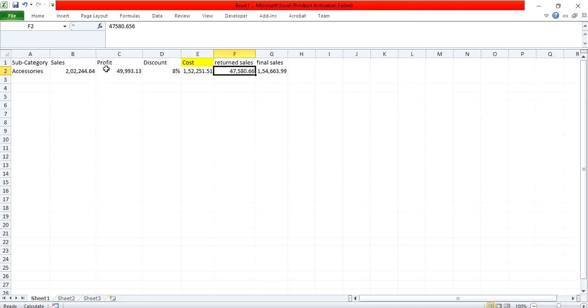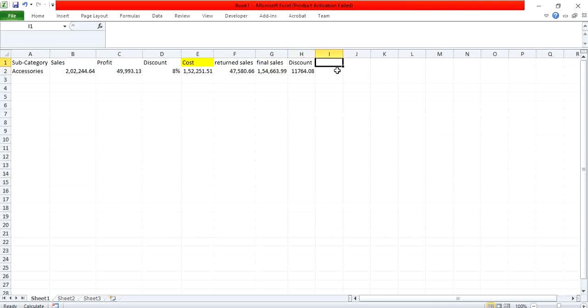So I'll completely ignore this part. I'm not going to consider this. I'm going to take discount here and see how much from this. If I look at the discount part, I can say this much was my discount amount, right?